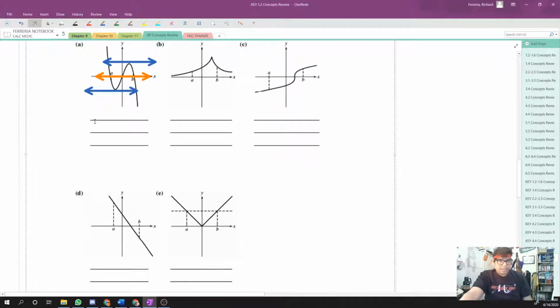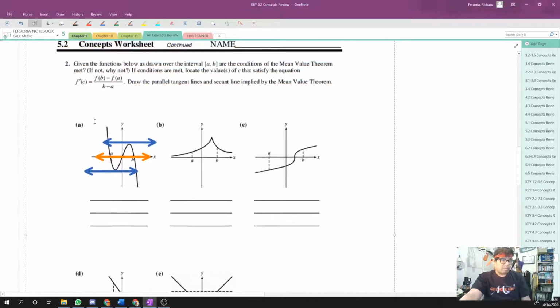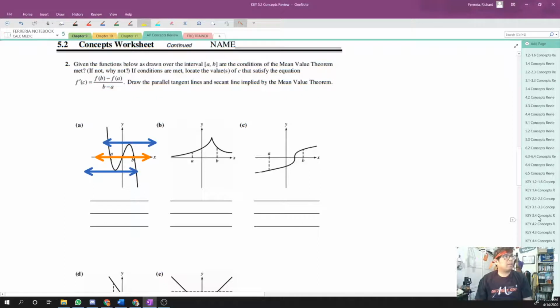Okay, this could very well have been said using Rolle's theorem, but the fact that we're using the mean value theorem just kind of highlights to you that the mean value theorem and Rolle's theorem are kind of the same idea. Taking a look at letter B, f of a is not equal to f of b. f of a is down here, f of b is up here.